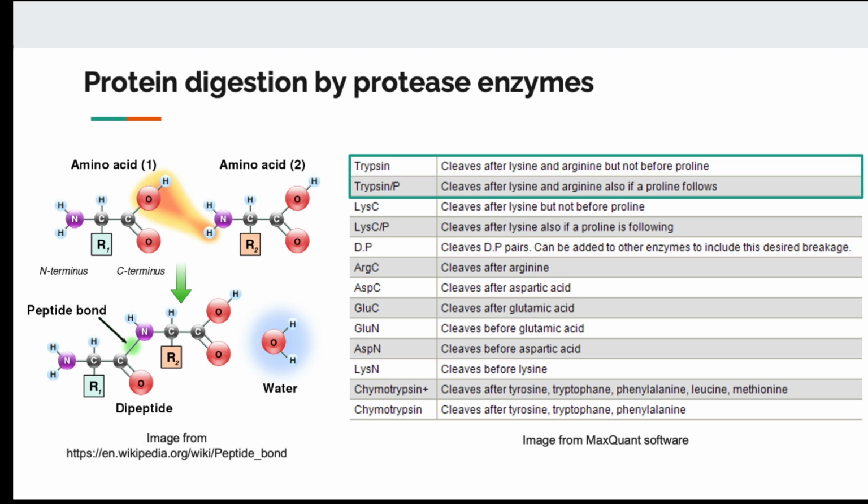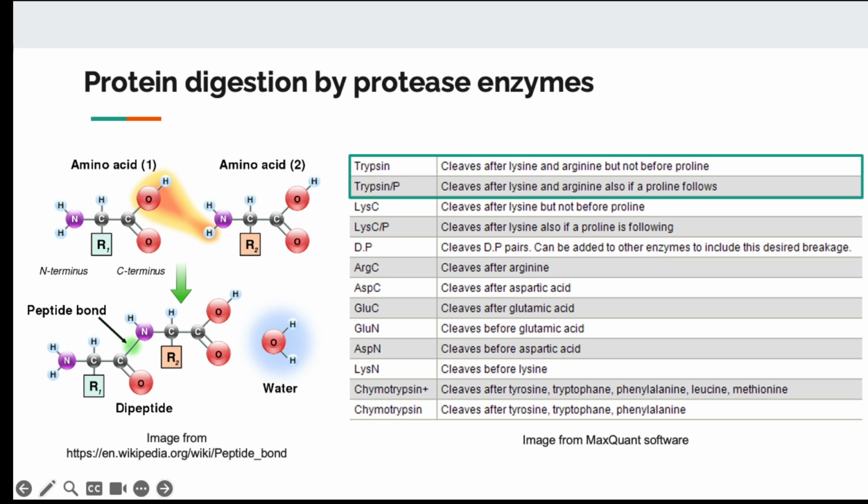We can cut the protein, like how we fragment the DNA into the library for sequencing. We can digest the protein with protease enzymes to generate smaller peptides, which can be easier to analyze in the mass spectrometry. And then we can do the bioinformatic analysis to identify which proteins are found by looking at the sequence from the peptides that we detected.